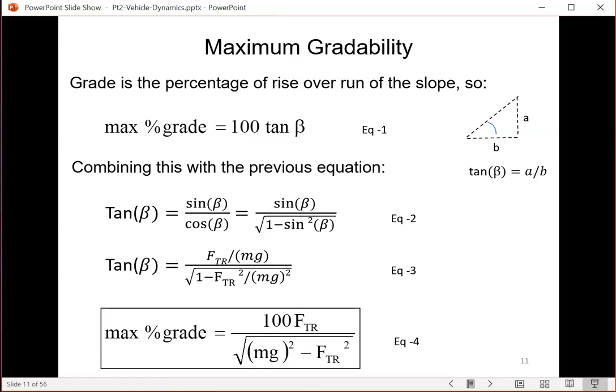Now, of course, there's a caveat to this calculation, because we are assuming there's enough friction between the tire and road on a gradient. It could possibly be you have a very powerful engine or electric motor. It can give you a very high gradability.